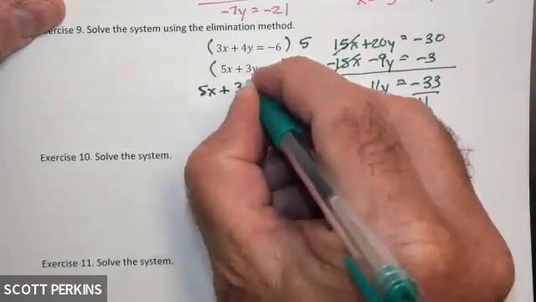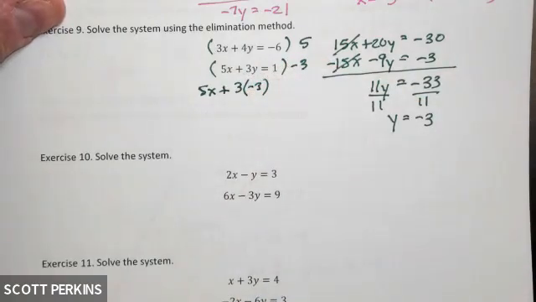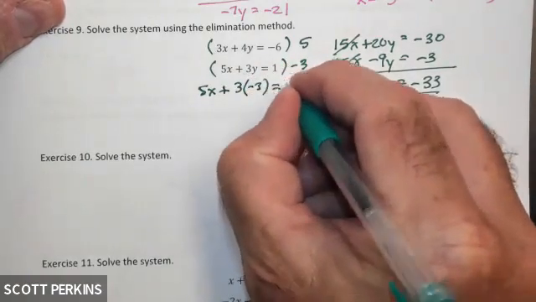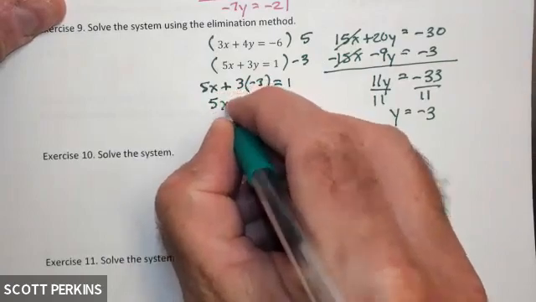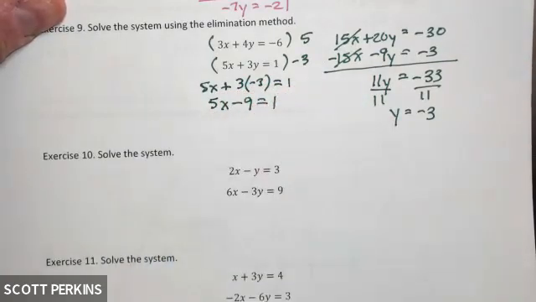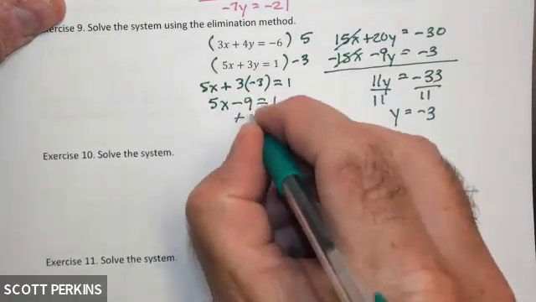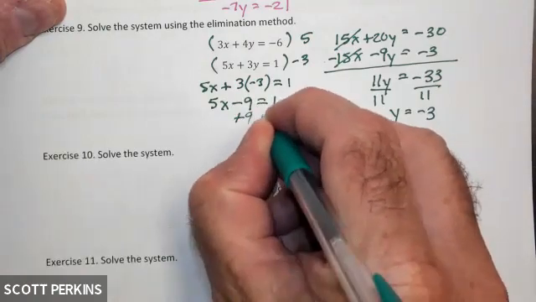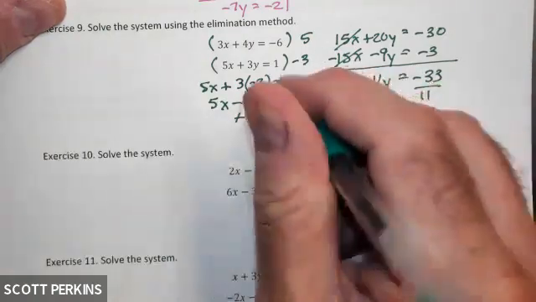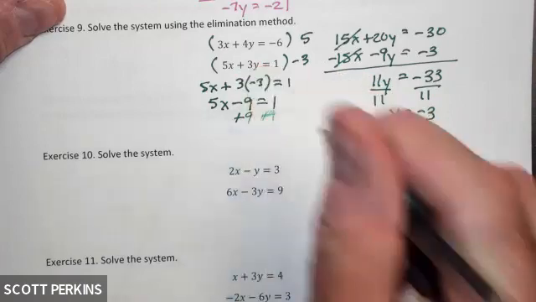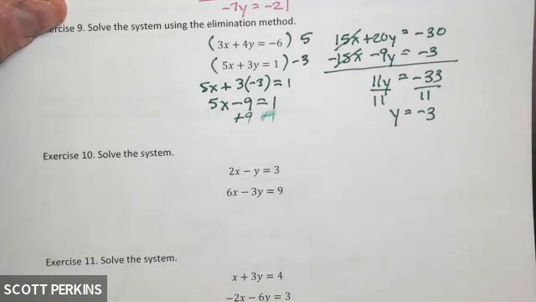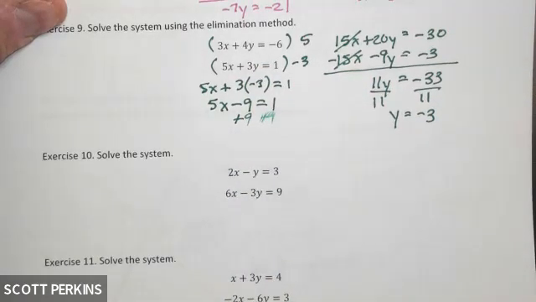So I have 5x, 3 times -3 equals 1. And then when I add that -9 to both sides, so I add 9. Okay, back to you, no problem.